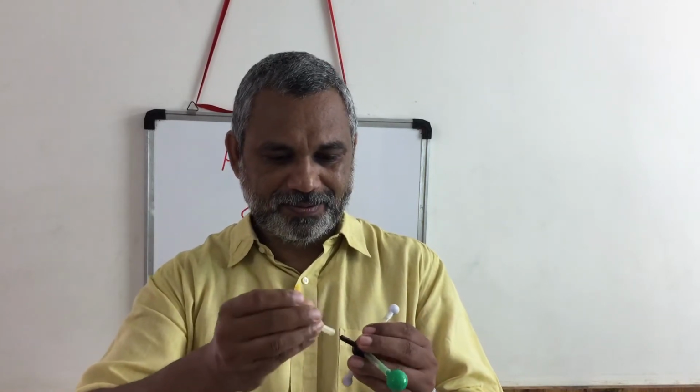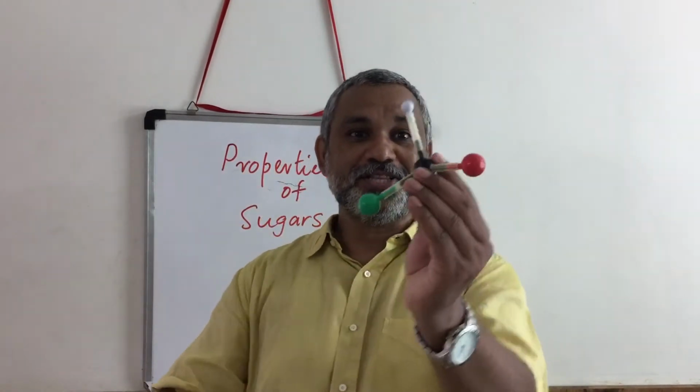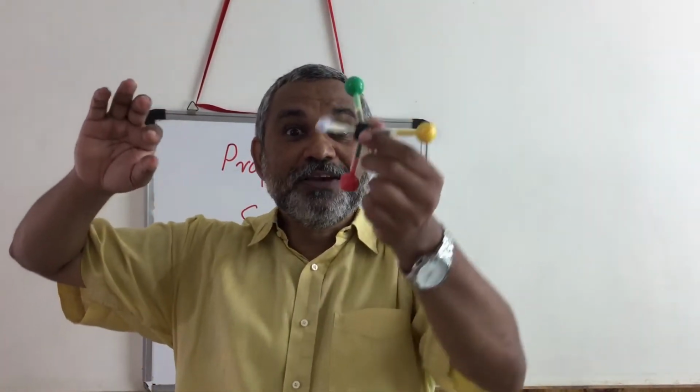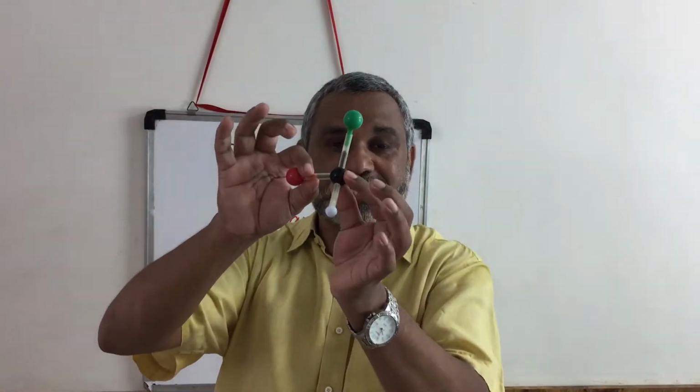So we say that this is a symmetric molecule. Let us replace some of these hydrogens. Look at this structure. Four different groups are attached to this.